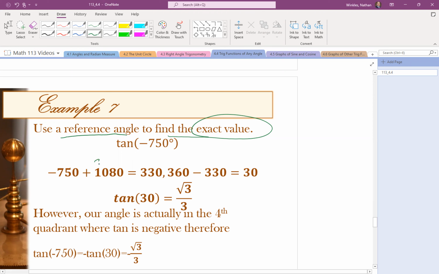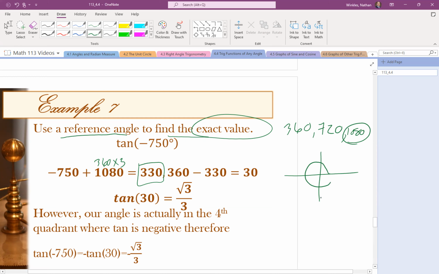So what we did is we took 360 times 3 to get 1080, because you have 360, 720, 720 still less than negative 750, and then you got 1080. So that's the 3 multiple. So we get 330 degrees.